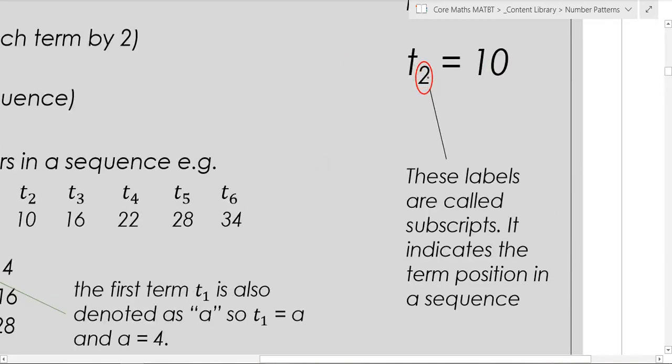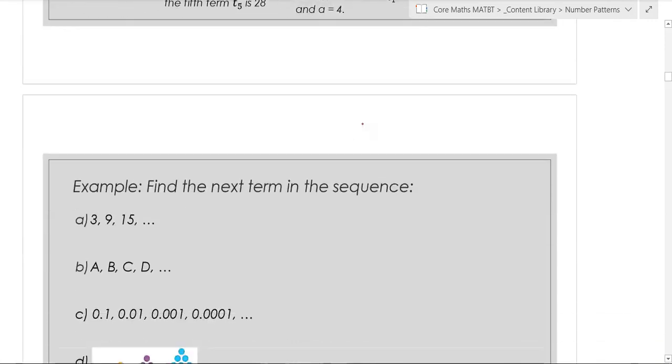They indicate the location or the term number. This is a superscript. We don't really use this too much, and we won't be using it for now, at least, but just understand that that's a subscript right there. All right, let's keep going.